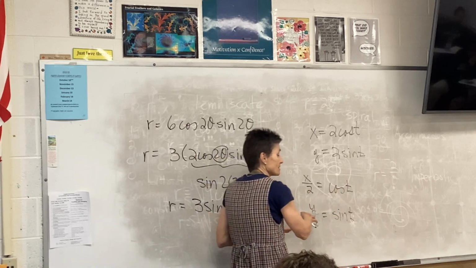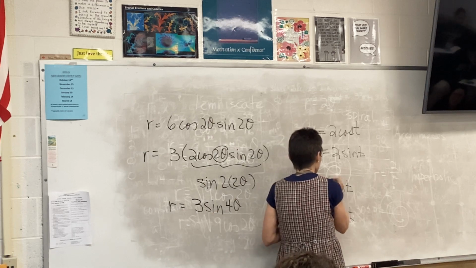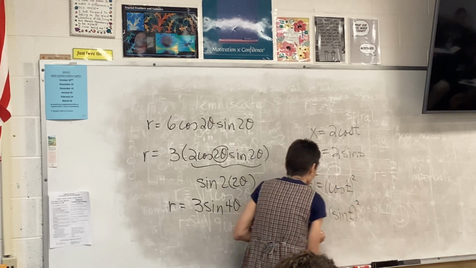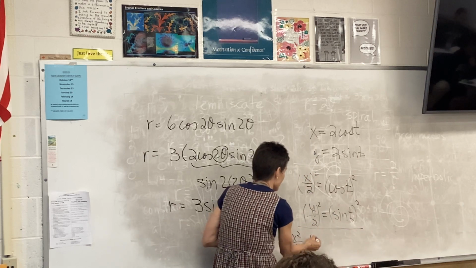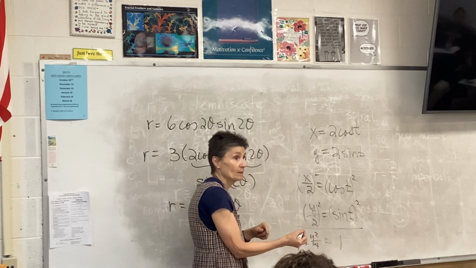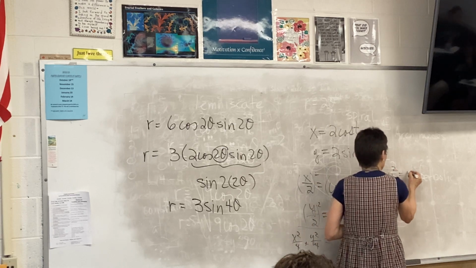And we did this. Remember doing this? We square everything. Adding them together, we're going to end up with x squared over 4 plus y squared over 4 equals 1, which is x squared plus y squared equals 4.